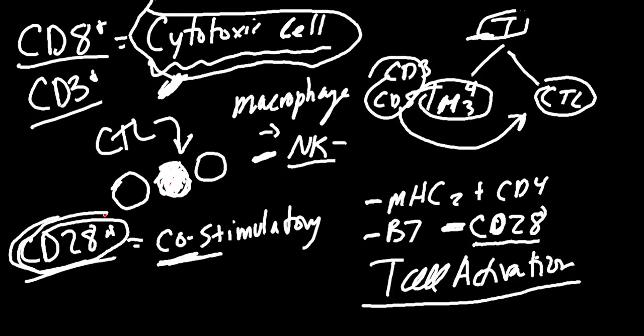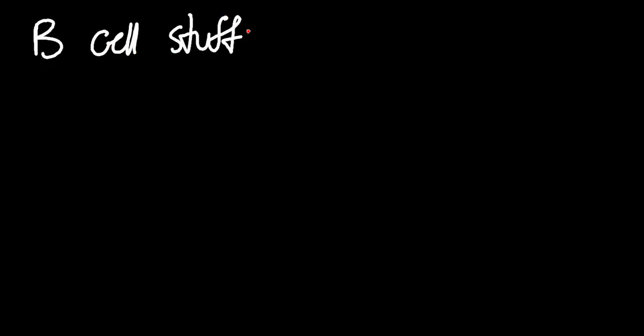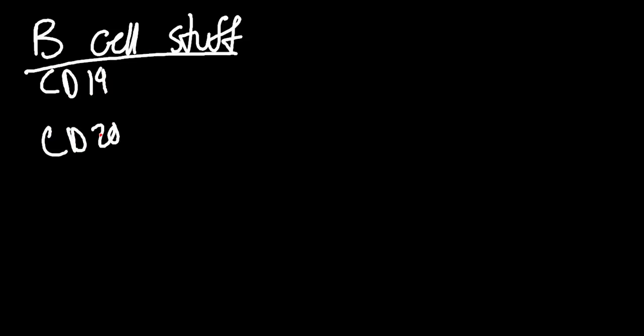Alright, so what else do we have? Let's see if I can get a new slide here. So I just talked about T cell stuff. Now let's talk about B cell stuff. We've got CD19, we've got CD20, got CD21, all in a row. 19, 20, and 21.